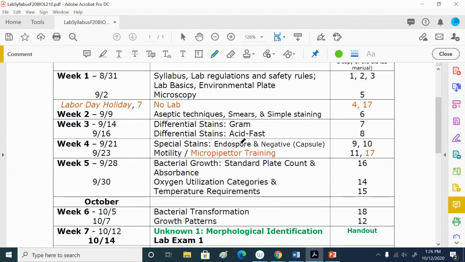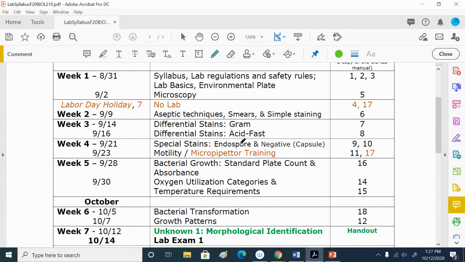You leave that on for 5 minutes, and then how do you decolorize? With water. Just rinse off the slide really well with water, and then counterstain with safranin, right? So that way the vegetative cells will be red and the spores will be green or kind of bluish green in color.